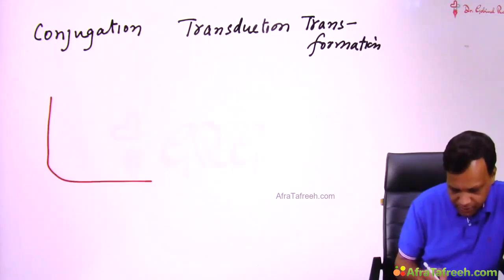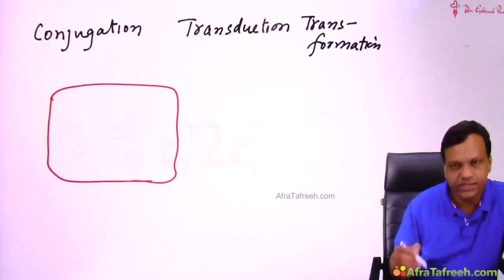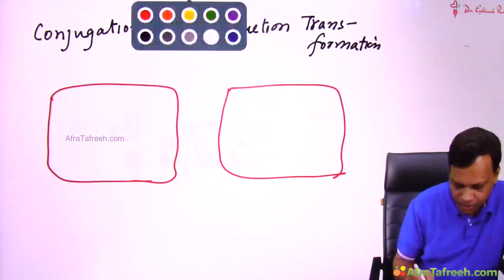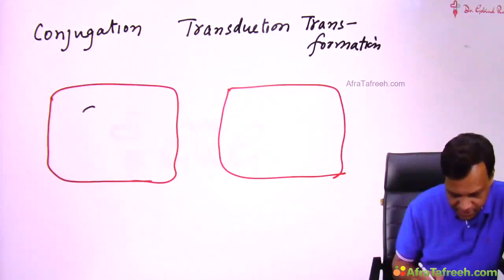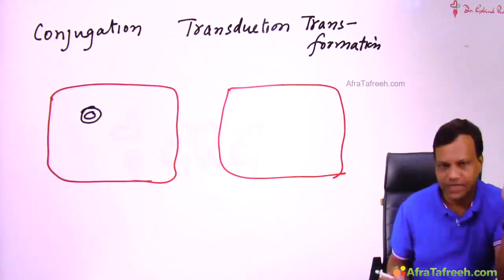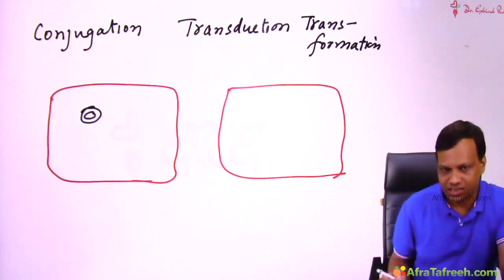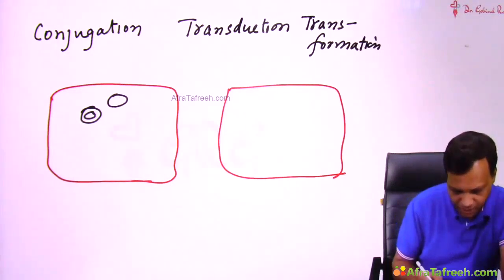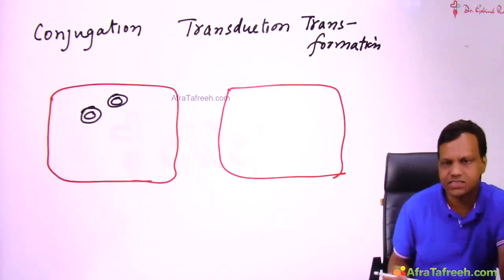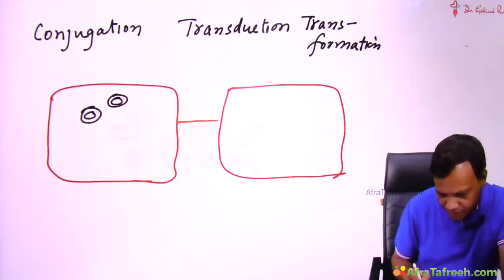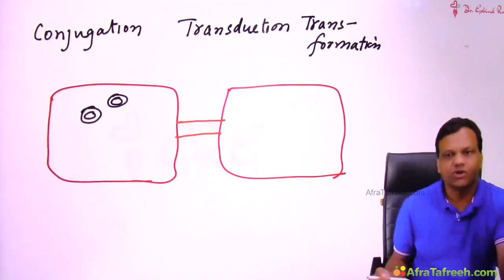Suppose this is one bacteria which is already resistant. This is the second bacteria which is not resistant. The first bacteria already has a resistance gene. First of all, this bacteria will multiply its resistance gene. It may be on the plasmid, transposon, at any place. Many resistance genes are produced. Now this bacteria forms a physical contact with the other bacteria which is not resistant.